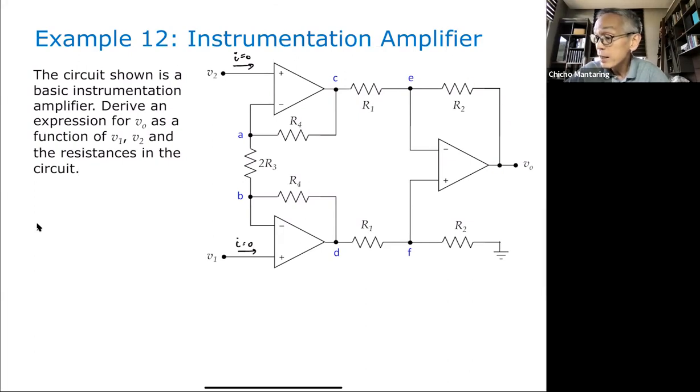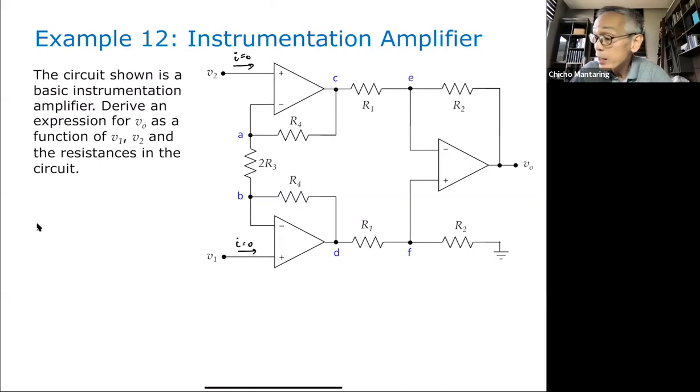Negative feedback here, negative feedback there, negative feedback here. And then you apply the golden rules for ideal op amps. So what are those golden rules? One is that the currents into the inputs are equal to 0, and the other is that V plus is equal to V minus.